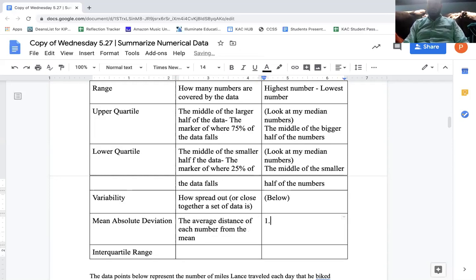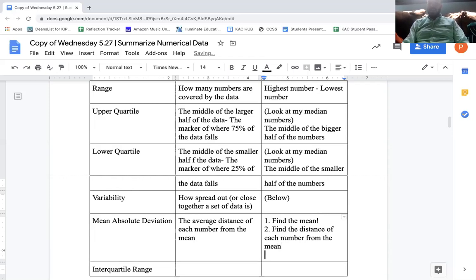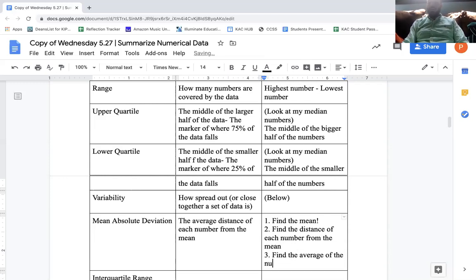Steps to find this. First, again, we did this during week 6 or week 7, I believe. First, we have to find the mean. That's always going to be our first step for math. Second, we have to find the distance of each number from the mean. And third, we have to find the average or mean of the numbers from step 2.